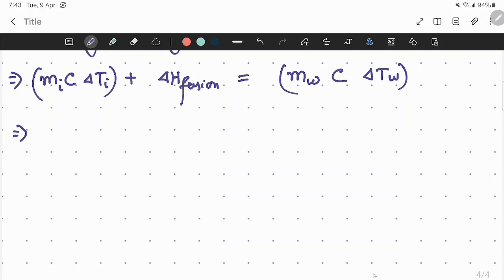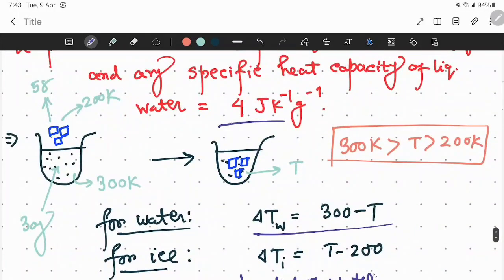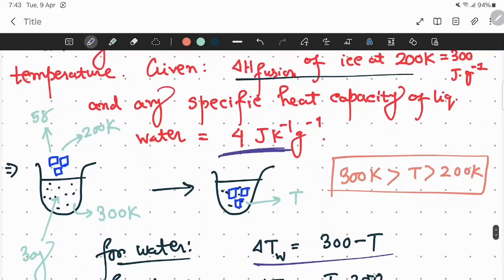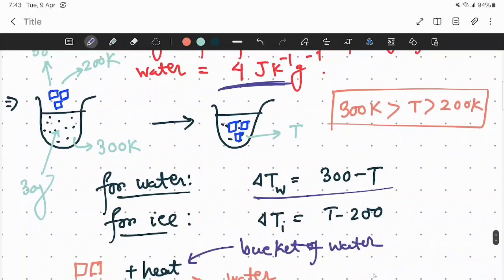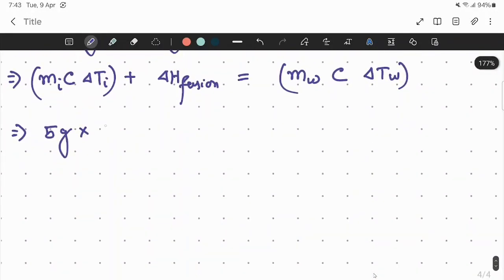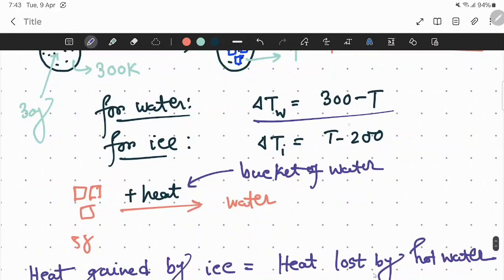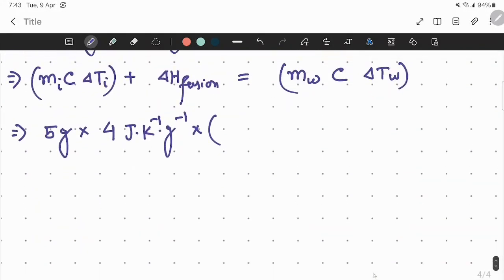So this is 5 gram. C is given, 4 joule per Kelvin per gram. So this is for 1 gram, joule per Kelvin per gram into del T. This we have already written down, right? That is T minus 200, plus del H fusion.